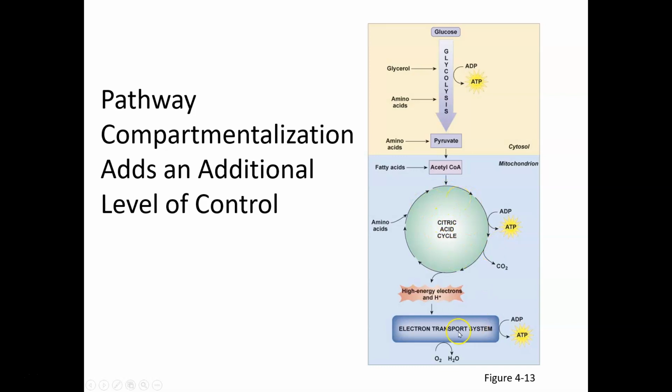And then eventually we use the electron transport chain as well to help make energy. By having things divided and specialized, we're much more efficient in terms of the energy that we make. So that concludes the enzyme presentation and this section.